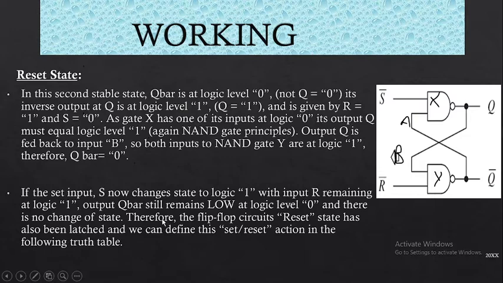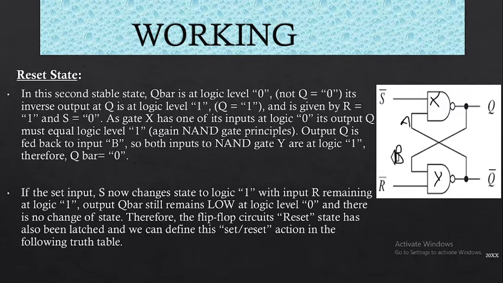Therefore the flip flop circuit reset state has also been latched, and we can define this set-reset action in the following truth table, which is on the next page of the slide. Here, in the initial case, when S was equal to 0 and R was equal to 1, the output was the same as when S equals 1 and R equals 1.